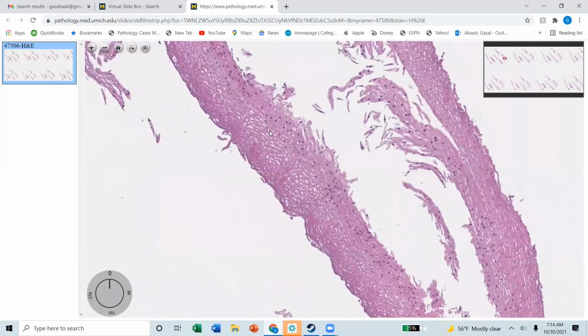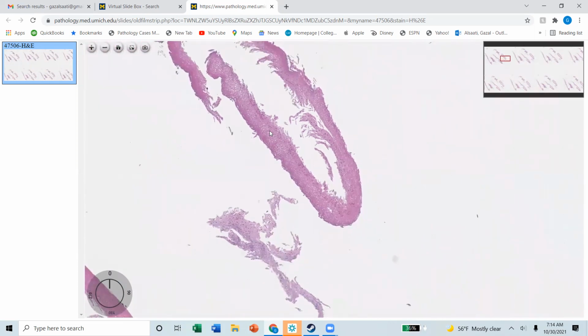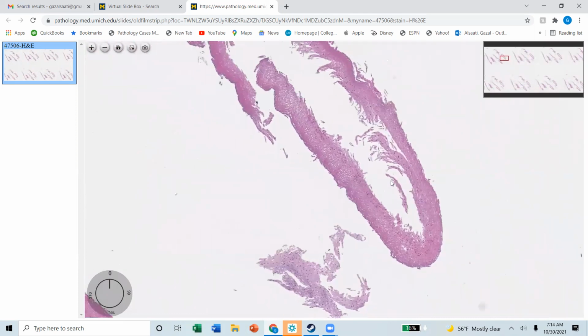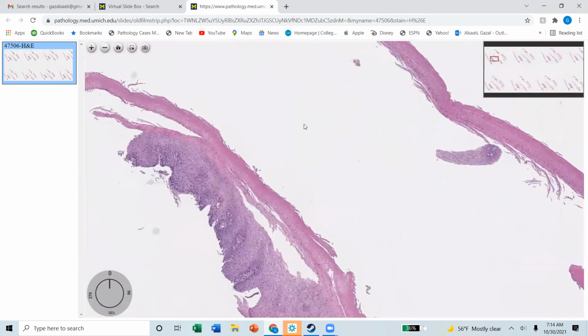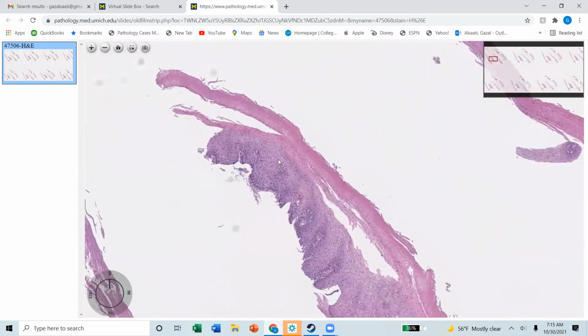So it could be a part of a systemic skin disease, not only part of esophageal. It could also come from chemicals, erosive esophagitis.